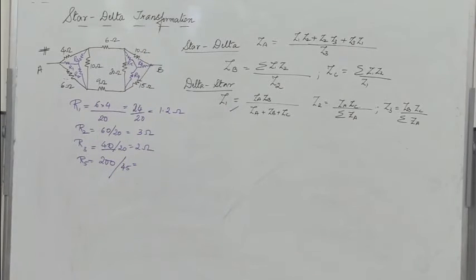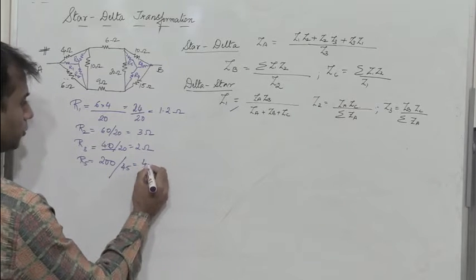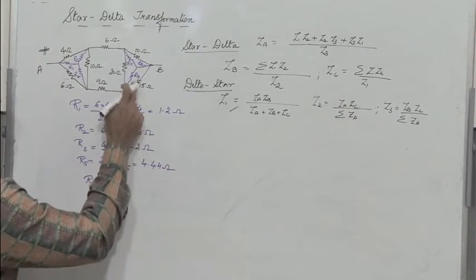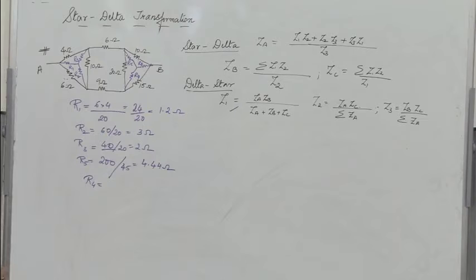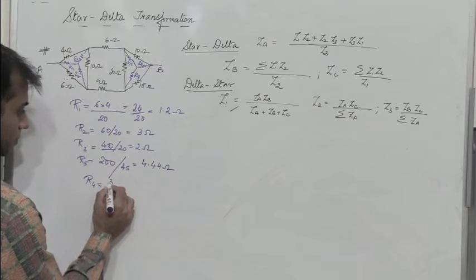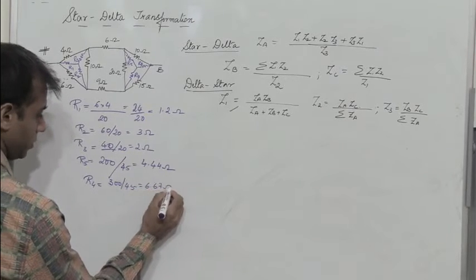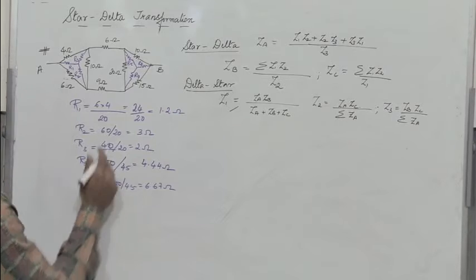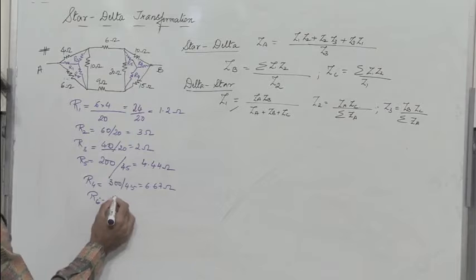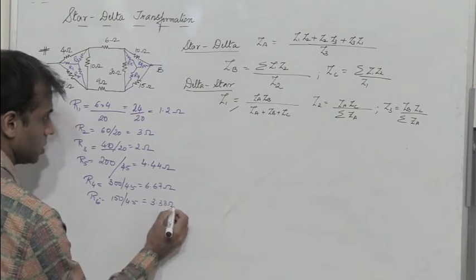So 200 by 45 gives me 4.44 ohms. Next, R4. R4 is 20 into 15, which gives me 300, divided by 45, which gives me 6.67 ohms. And then R6. R6 is 10 into 15, which is 150, divided by 45, which gives me 3.33 ohms.